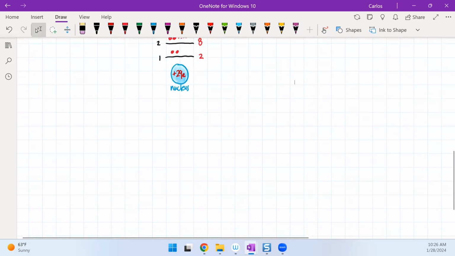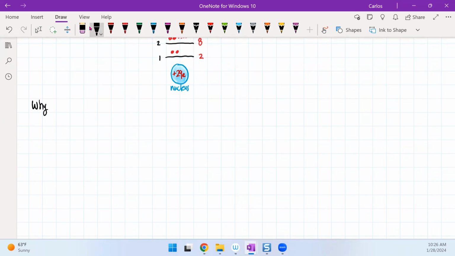Now we ask the question, why is copper a good conductor? It turns out that it's actually a fairly long answer, but to answer this quickly, the short answer is charge screening.